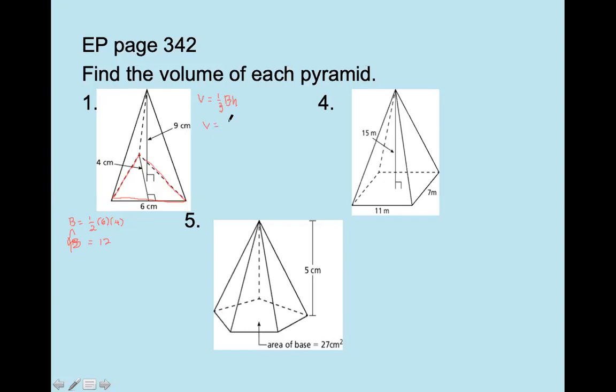We're going to have 1/3 times that base area that we just said was 12. Now I need the height of the prism, not the height of that triangle, but the actual height of the pyramid, which is this distance right here. It's this altitude. So that's going to be times 9.